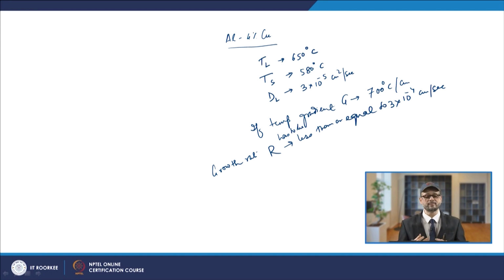Again, that depends on the different cases we have discussed, on how diffusion occurs in solid and liquid: there may be complete diffusion in solid and liquid, or incomplete diffusion in solid and incomplete diffusion in liquid. We have discussed these cases.